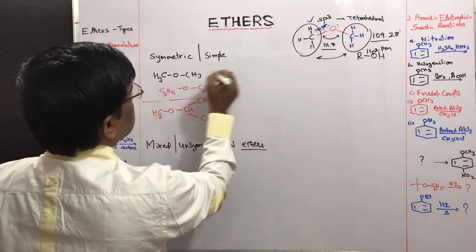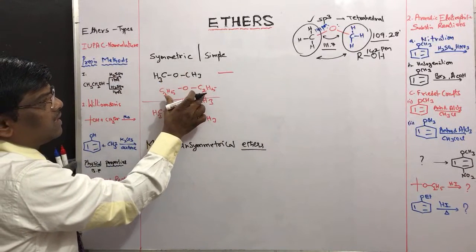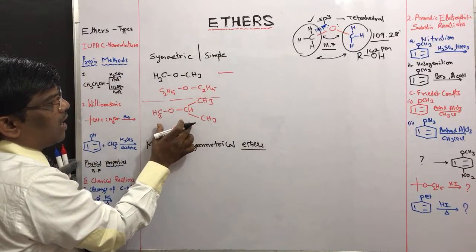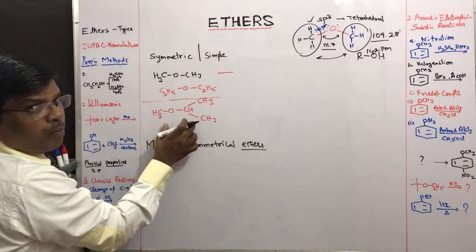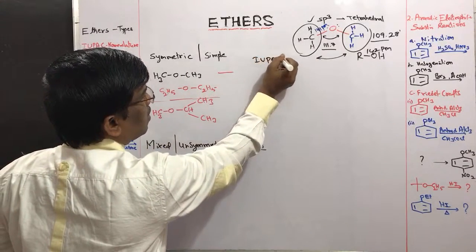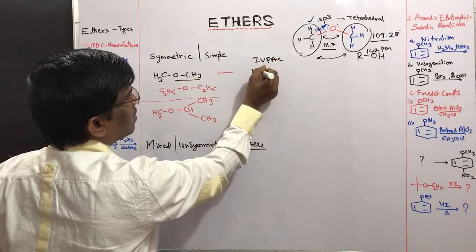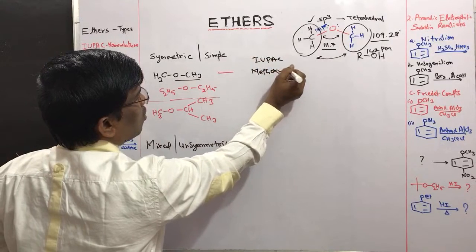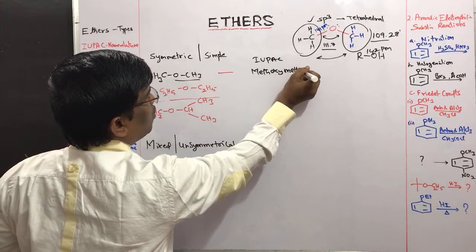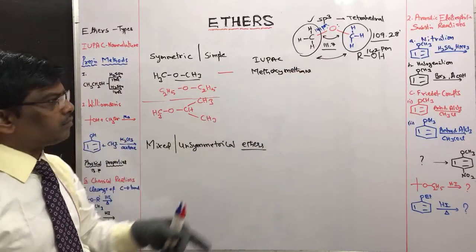For example, the common name is dimethyl ether, diethyl ether, or methyl isopropyl ether. Whereas the IUPAC names are like this: write the name as methoxymethane. There should be no gap between methoxy and methane.